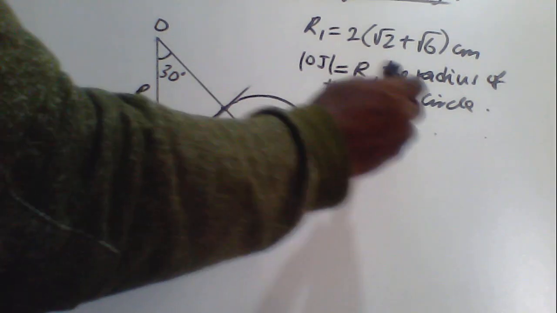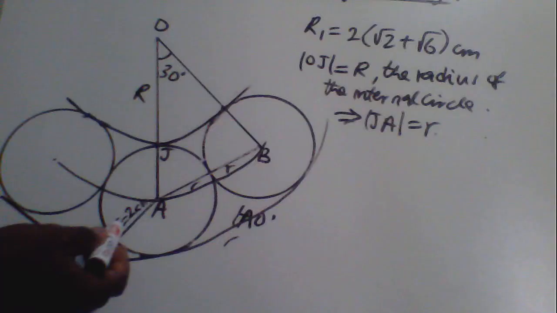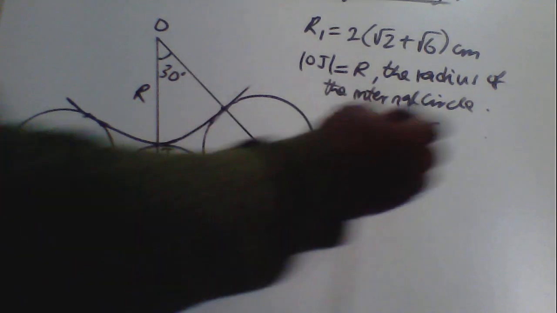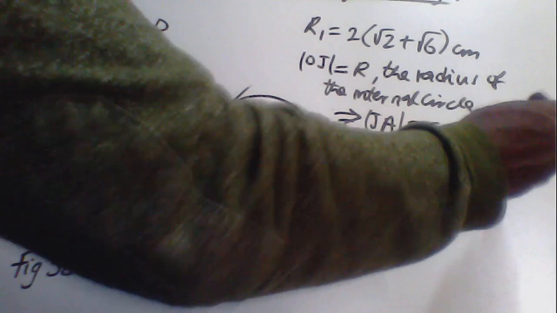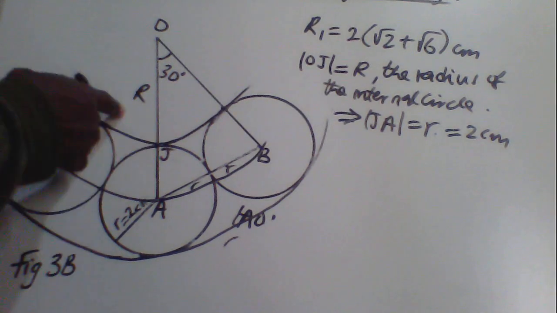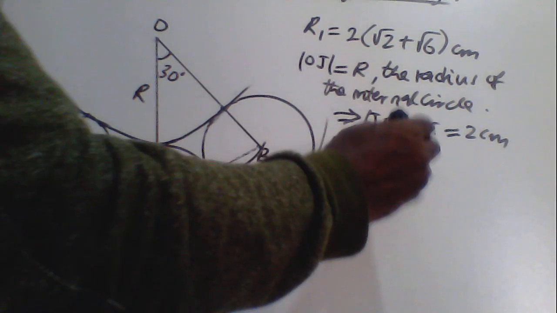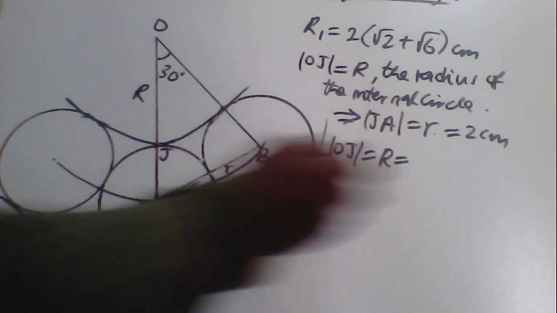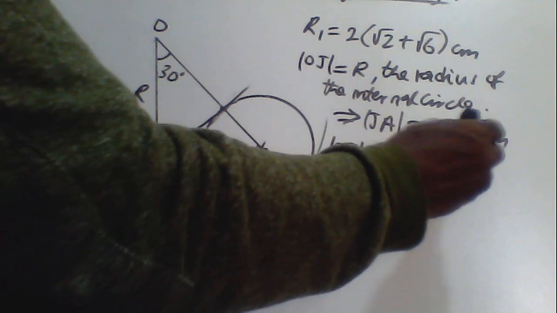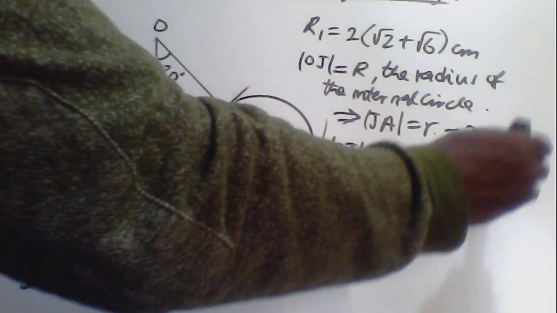This implies that JO is equal to r, and JA is the radius of the similar circles, which we know is 2 cm. So OJ, which is r, is equal to AO minus JA.